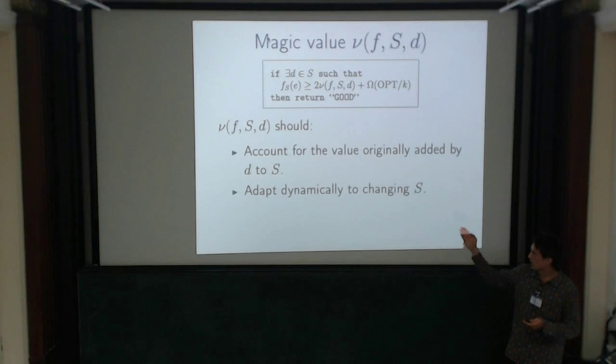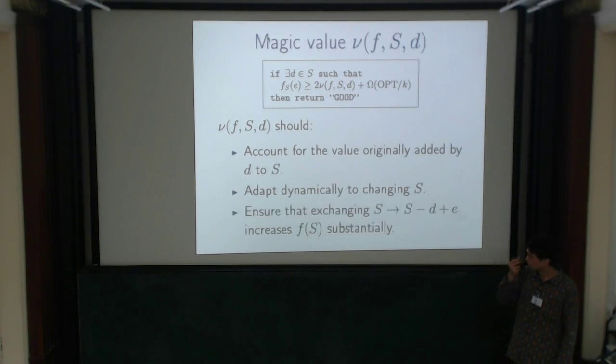As I add elements to S, there might be more and more redundancy, so the value of D goes down. And conversely, when I remove elements from S, D might become worth more. So that's one of the things we want to try to balance.